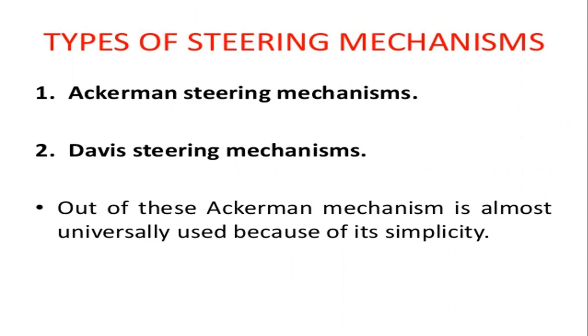Of these two, Ackermann's steering gear mechanism is almost universally used because of its simplicity. The simple structure of the Ackermann's steering gear mechanism results in it being the widely used steering gear mechanism. So let's see the explanation from the slides.